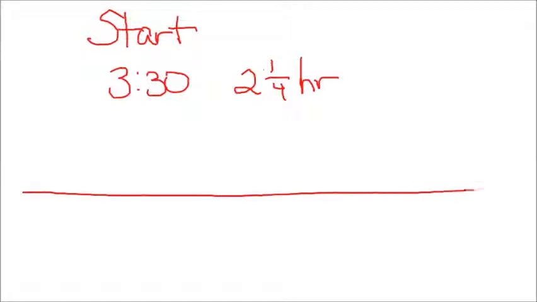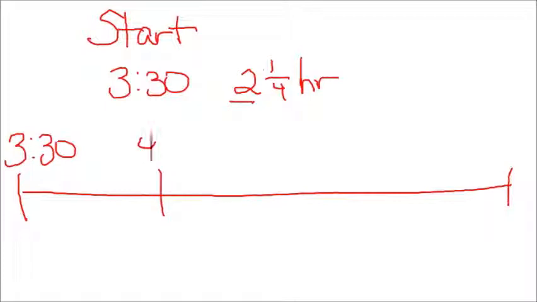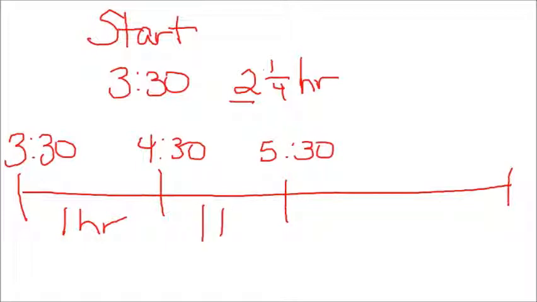You draw your number line. Your start time is 3:30. And so we can start by adding our 2 hours. If I add 1 hour, that makes the time 4:30. Add another hour, that makes the time 5:30.